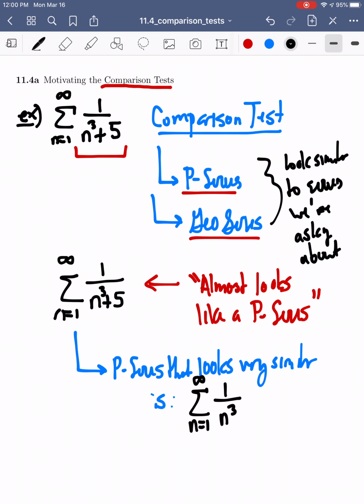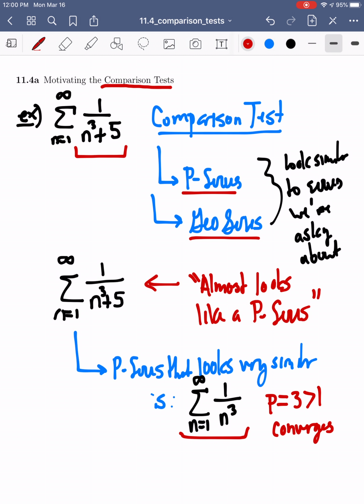Again, this is our actual p-series. We're not taking our original series and rewriting it as a p-series. I'm just saying our original series almost looks like this p-series, 1 over n cubed. And hopefully you remember, since p equals 3, which is greater than 1, this converges.